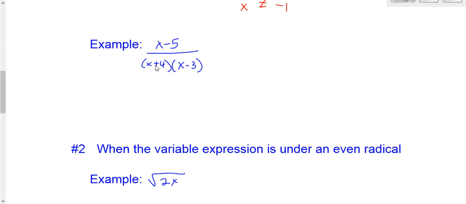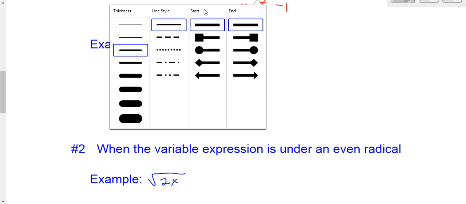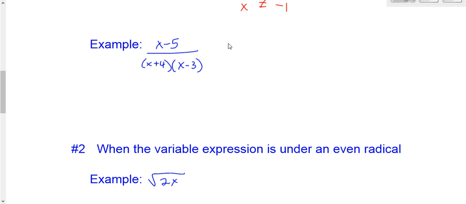And now what if we have a trinomial that was factored, and now we have two factors in the denominator. Well, that means we have to consider both of these. So if I have x plus 4, let me get back to a thin pen here. If I have x plus 4, that cannot equal 0.